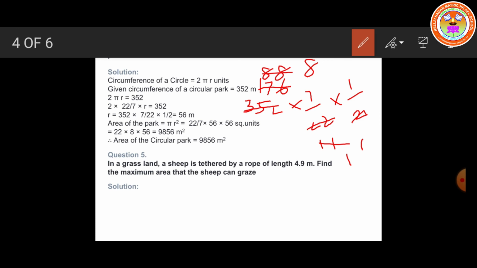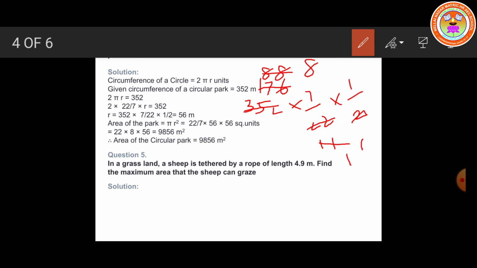Then we are going to find out the area of the park. How do you find the area of the park? Area of the park is equal to pi r square units. Instead of pi we put 22 by 7, into r, which we already found, 56 into 56 square meter. Then 7 cut 1 times, 7 ones are 7.